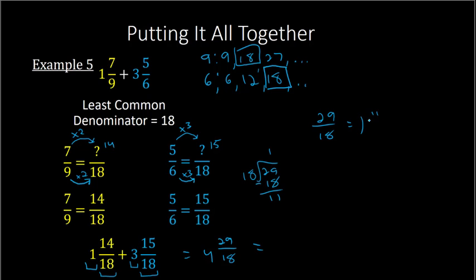So we can write that as 1 and 11 over 18. So the 4 plus this 29 over 18 is 4 plus 1 and 11/18. So our final answer is 4 plus 1, or 5, and then 11 over 18. So this is our solution to this addition problem.